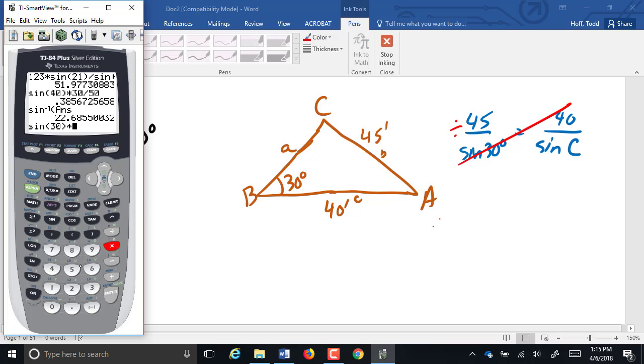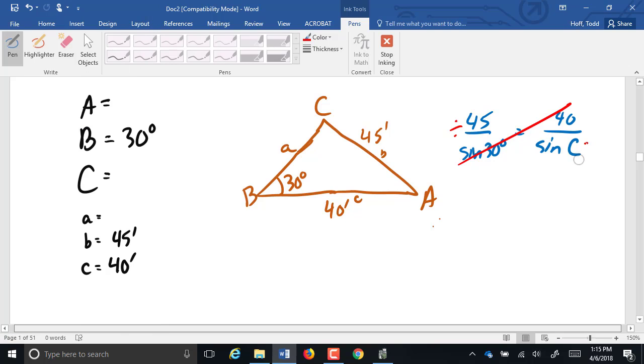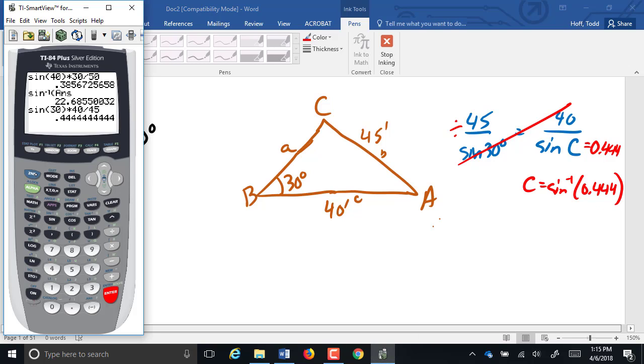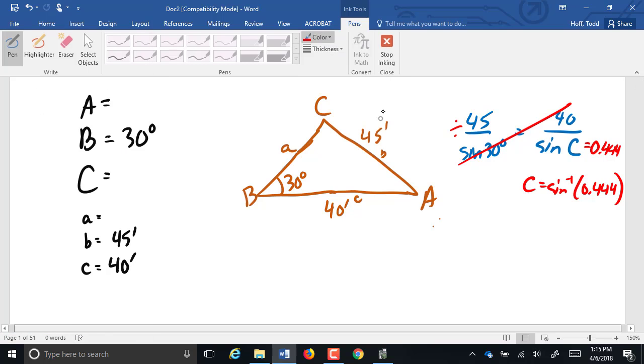Sine of 30 times 40 divided by 45 is 0.44444. So C is going to be the inverse sine of 0.44444. Second sine, second answer. C is 26.39 degrees.